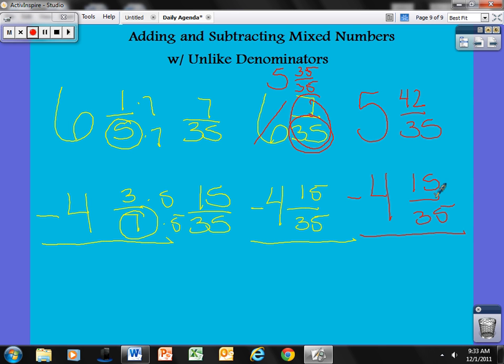Let's see. 15 is 5 away from 20. 20 is 22 away from 42. 22 plus 5, I believe, is 27. So 42 minus 15 is 27. Denominator stays the same. 5 minus 4 is 1. 1 and 27 thirty-fifths.